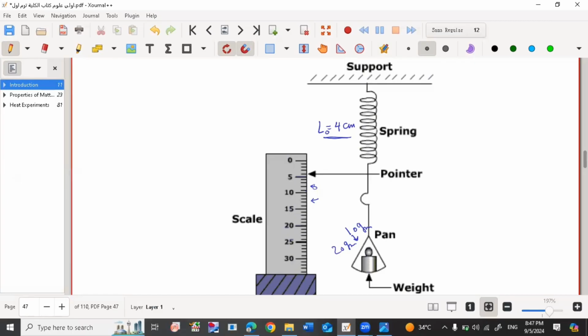So this is the new length, and delta L will be here. Delta L equals L minus L. No. So each reading, we are going to remove this L node, which will be not only here 4 centimeters.